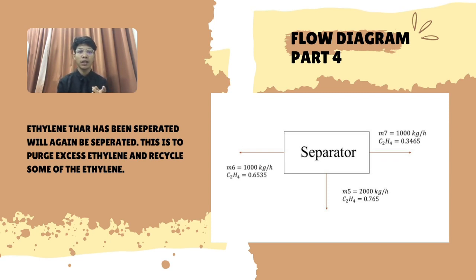The recycled part, we use 1000 kg per hour flow rate, and the fraction is 0.6535. And for the second part, which is the purge part, we use 1000 kg per hour flow rate, and the fraction is 0.3465.